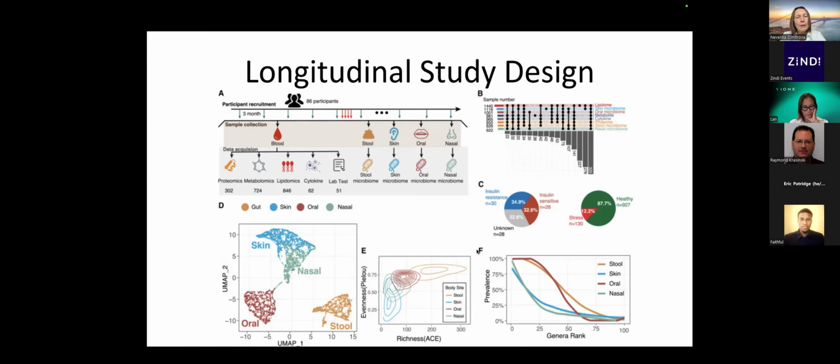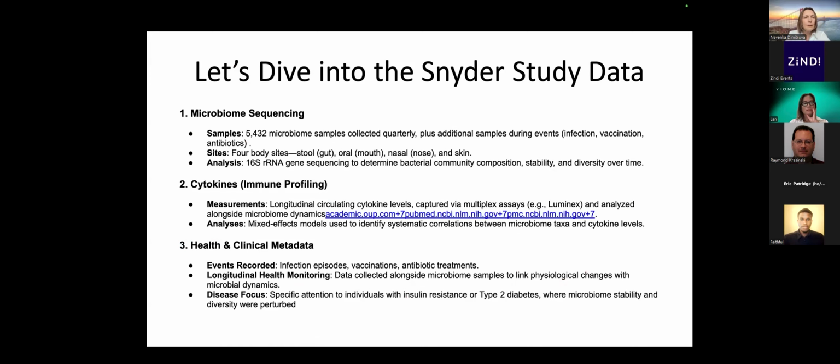Now we will talk about challenge 2. More on challenge 2, I think, is in the paper. If you look at the paper, it's in figure 4, and there is plenty of description of the methods there. I think I already gave a high-level overview, but the breakdown is really on the microbiome sequencing of these 5,432 microbiome samples.